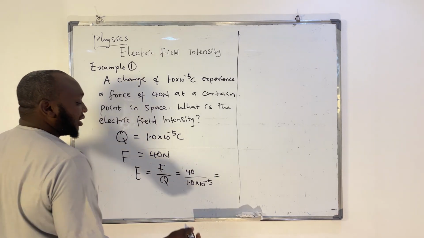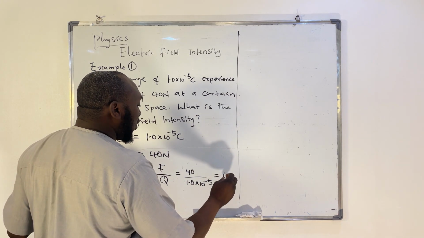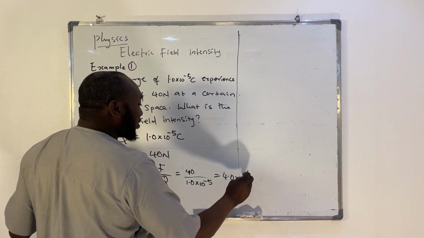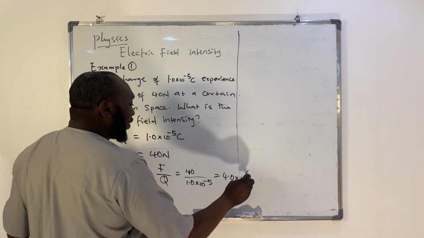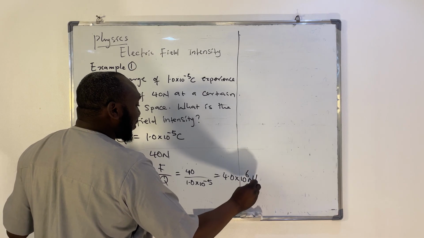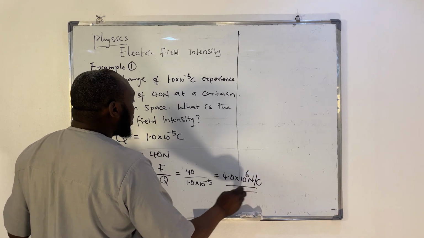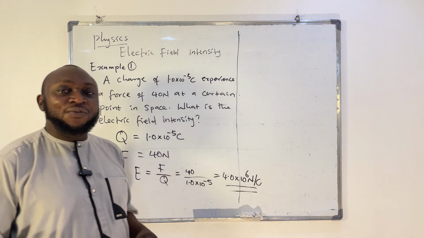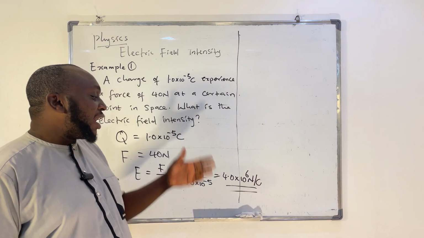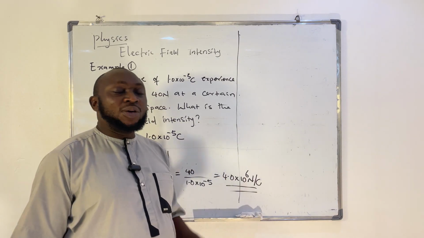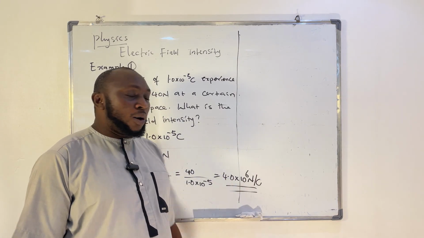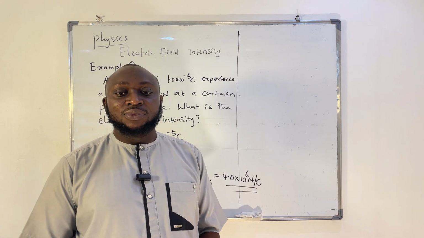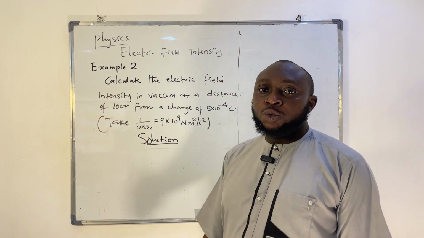Divide this by this, and it will give us 4.0 times 10 to the power of 6. The unit of electric field intensity is Newton per coulomb. So our final answer is 4.0 times 10 to the power of 6 Newton per coulomb.